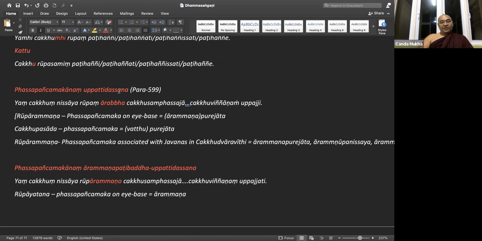In that case a visible object is there, and that visible object supports the phasa, etc. associated with the eye, which arise depending on the eye base, by means of purejata pajaya. Because the visible object appears first, it is a pre-nascent condition. That one has been shown.